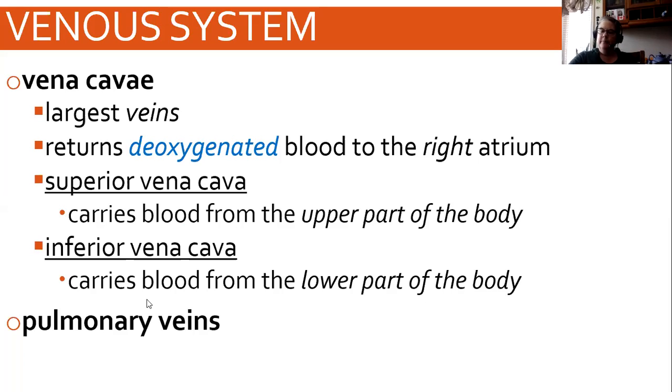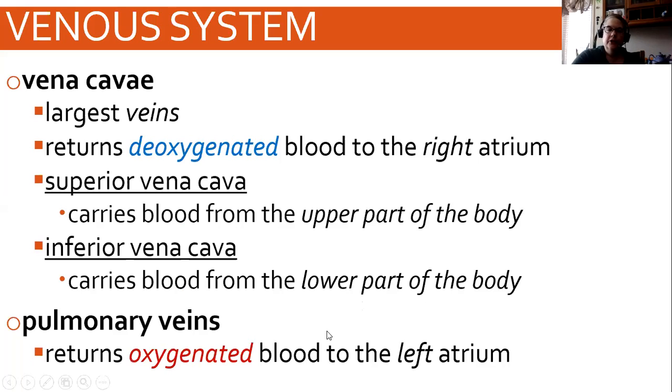So our legs, our pelvic area, all those areas that have dropped off oxygen and collected waste and collected carbon dioxide, that's getting carried up through the inferior vena cava to the right atrium. The pulmonary veins, remember, those are part of the pulmonary circuit, and they are returning oxygenated blood to the left atrium. So those are the two major veins that you need to know.